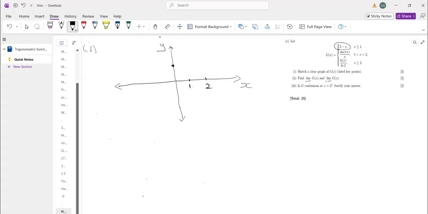And the x-intercept is going to be 0 is equal to 3 minus x, so x is equal to 3. It is going to have an x-intercept somewhere around here at 3. So let's just put it here. Let's say here is 3. So we're going to have something like this.